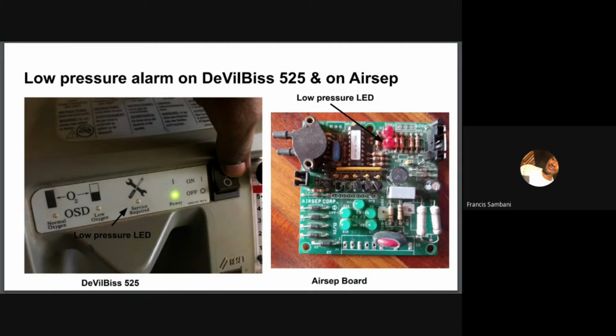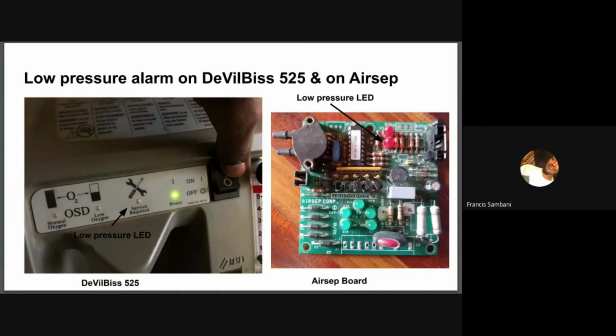So moving on to the AirSep Elite or the AirSep Intensity, you have an intermediate alarm if the low pressure indicator is activated. This usually occurs if the sieve beds are not receiving the required pressure. It can either be due to low output pressure from the compressor or a leak as well.